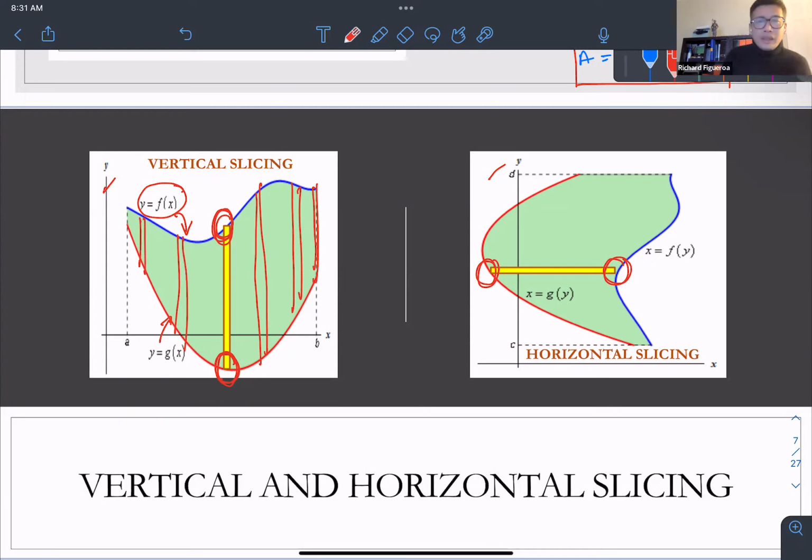But regardless of where it is, this is blue, this is red, this is blue, this is red. There's no time that it touches the same graph.